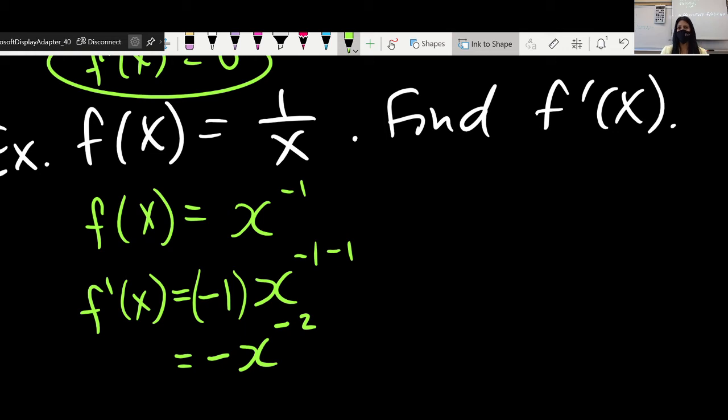Again, I don't like that. What's a better way for me to write that or to give my answer? Negative 1 over x squared is our derivative after all that. Does that make sense to everybody? Good?